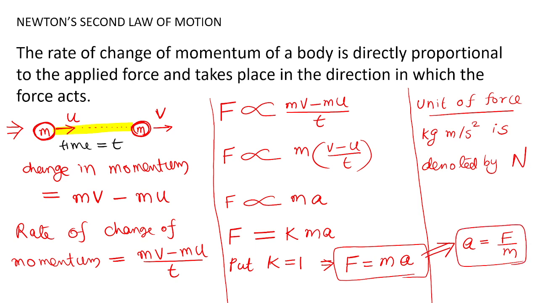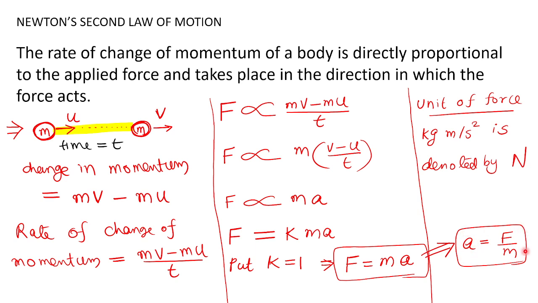So what I can say is this formula is much more important compared to F equal to ma. A equal to F by m is the most important formula, because in most of the problems I want acceleration. The force will be given. If the force is given, you can easily find out acceleration.